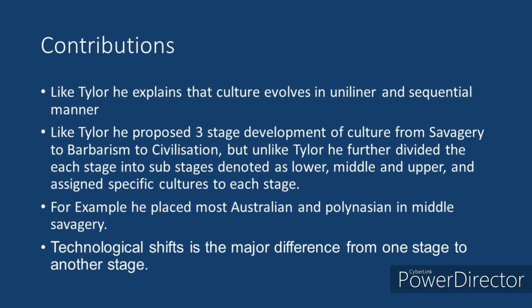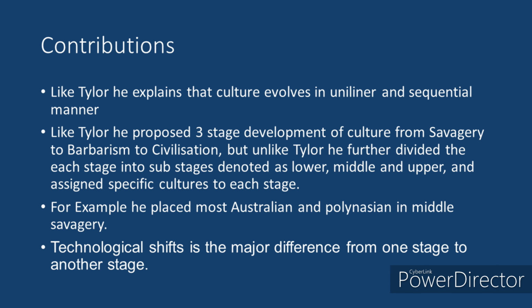Keep that in mind. He will study one culture and place that culture into one of the stages. That is what he did. Assigning specific cultures to each stage means he will study one culture and say at which stage that culture is present.